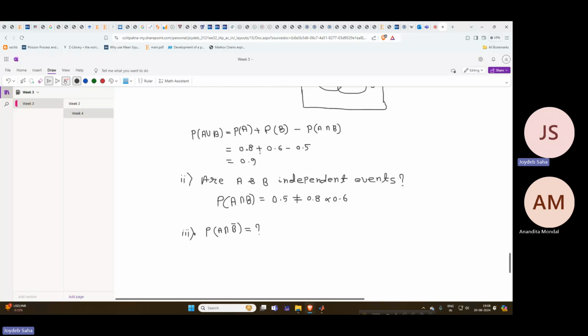So what will be the probability of A intersection B transpose? Think about this.